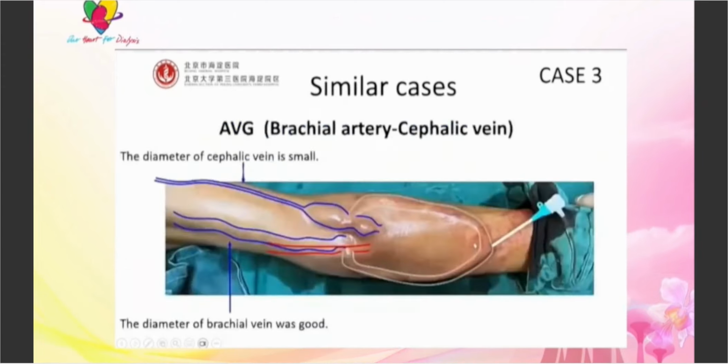Case 3 is a left AVG, brachial artery to cephalic vein. Long segment lesions of the cephalic vein in the upper arm cause dilation of the blood vessel in the elbow, and the pressure in the artificial blood vessel and the blood vessels in the elbow increases significantly. The diameter of the brachial vein was good.